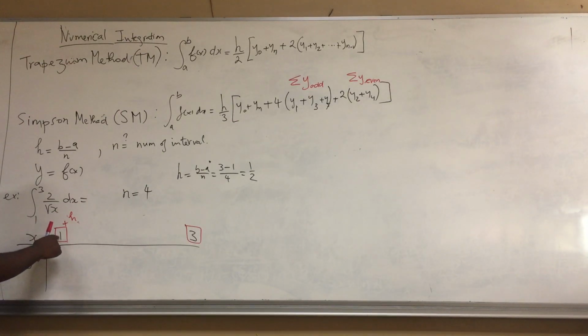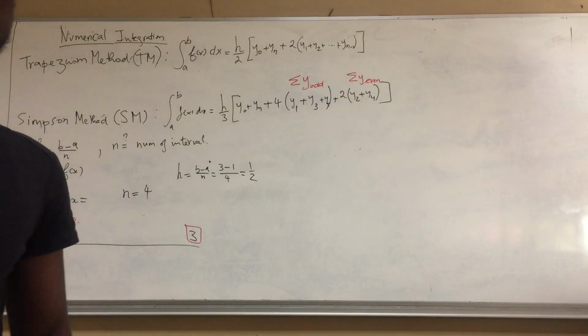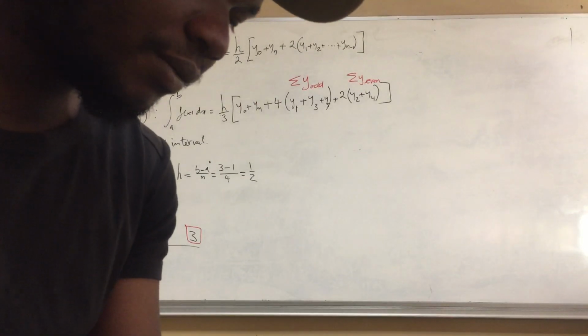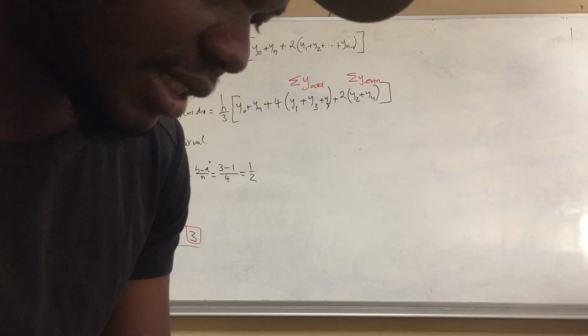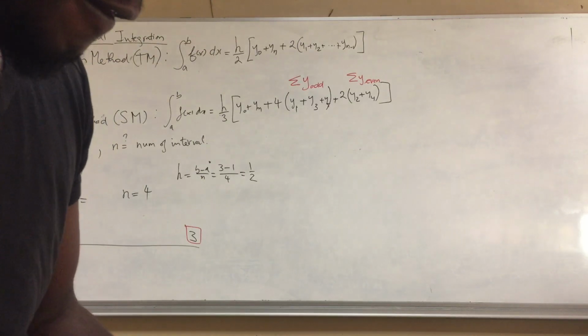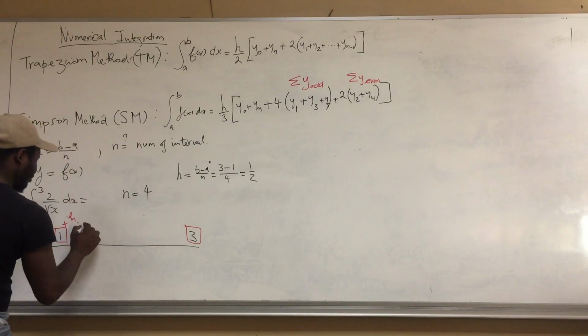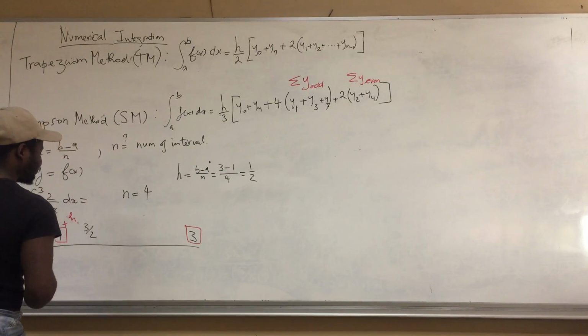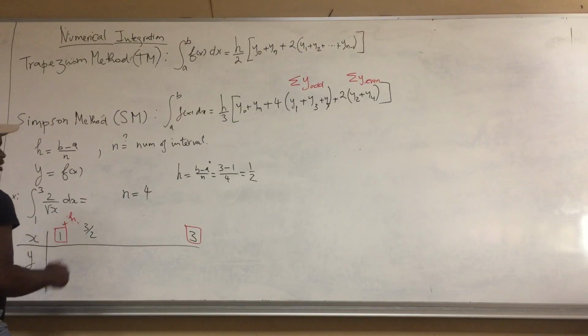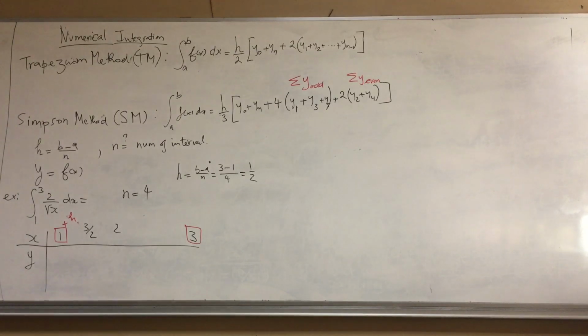So 1 plus 1 over 2 gives you 3 over 2. Then 3 over 2 plus half gives you 2.